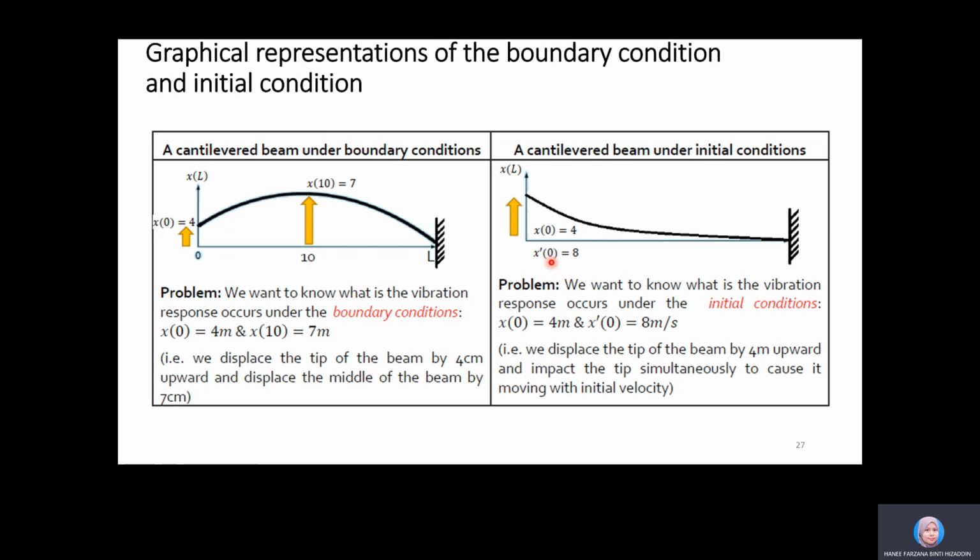So x prime when L equals 0 is equal to 8. These are the different graphical representations of boundary condition versus initial condition for a cantilevered beam, to help illustrate what happens when you are given such conditions.